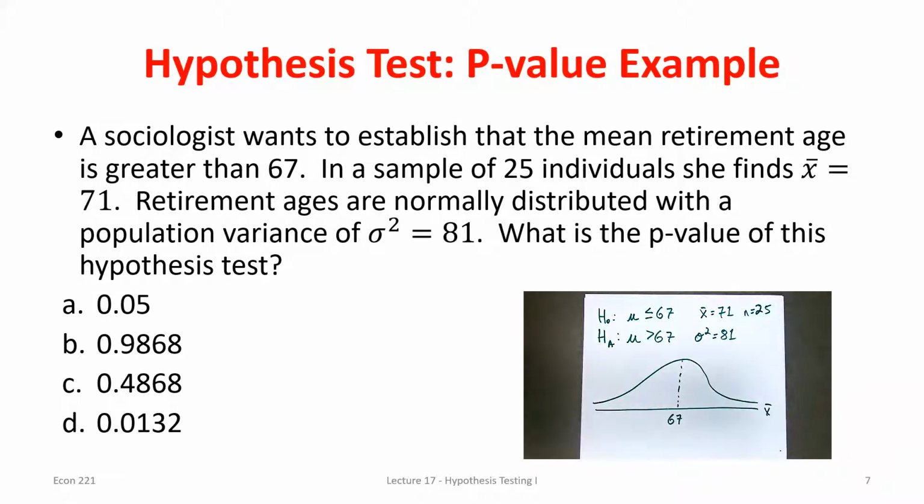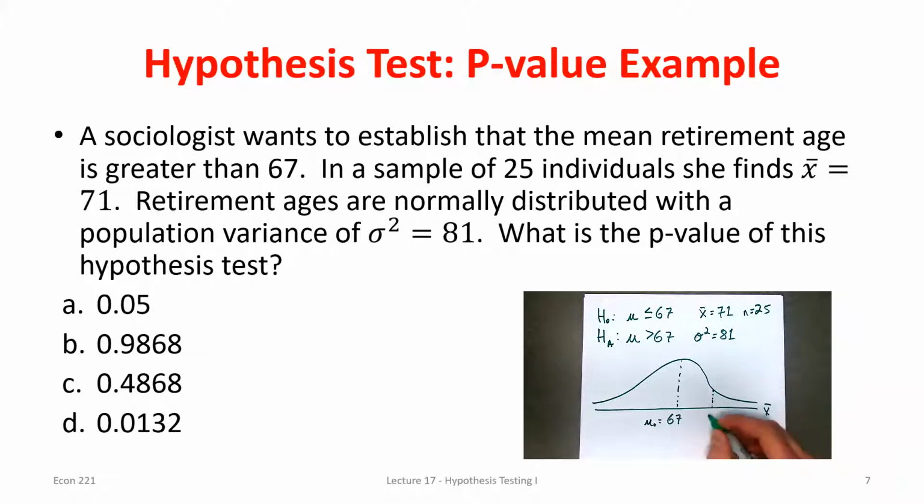Think about it this way: assume the true mean is 67, and you see a sample mean of 71. If you can reject 67, then if the true mean was 65, seeing 71 would be even less likely. So if I can reject 67, I can reject anything below it, because that would make what I saw even less likely.